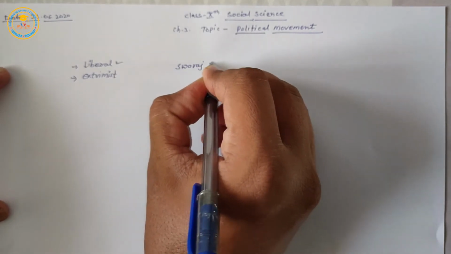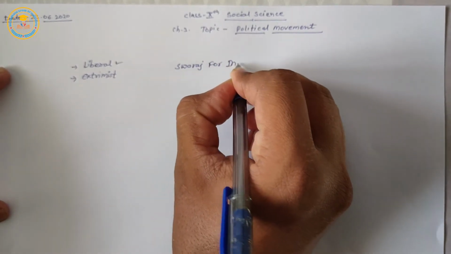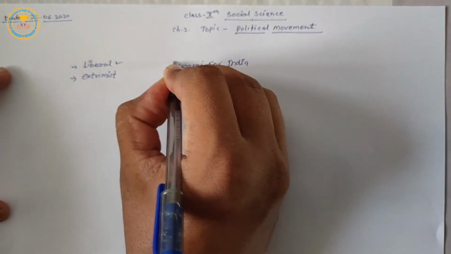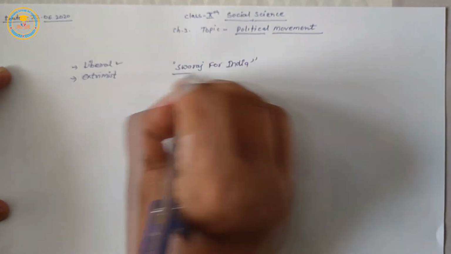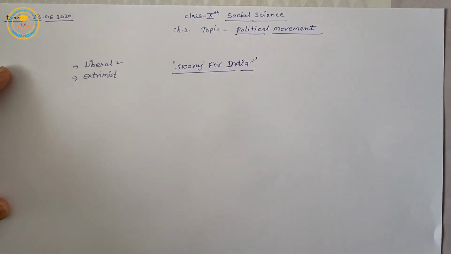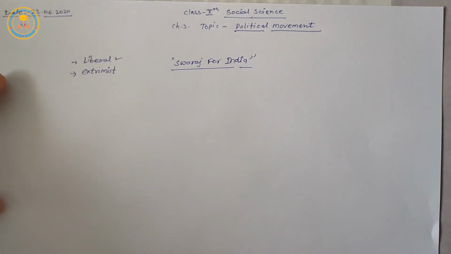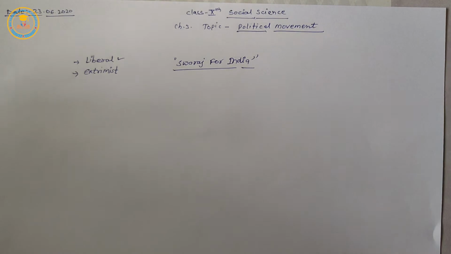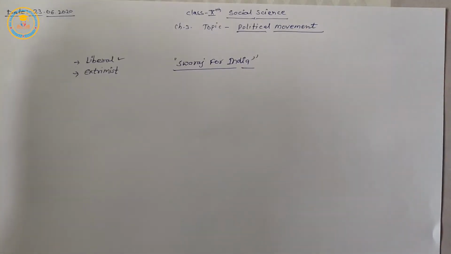It talked about the provision of a constitutional form of government by Indians and for Indians in India. Means this article describes democracy in India.